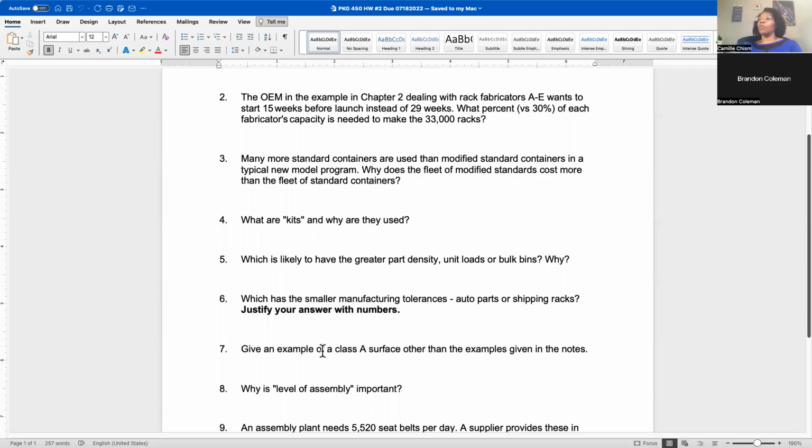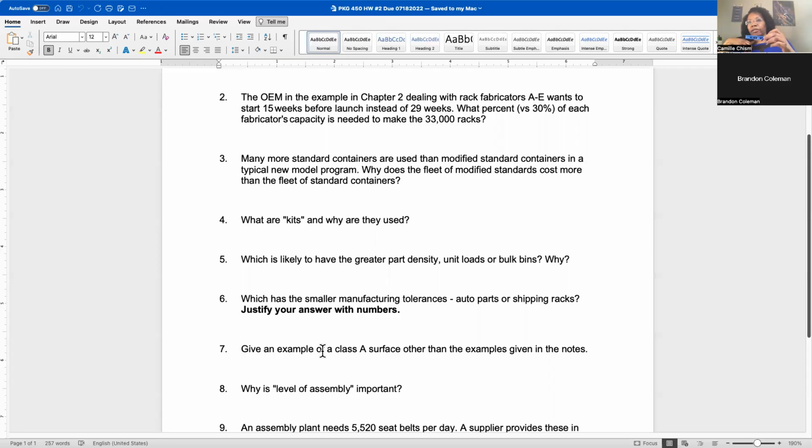Okay, so when you look at the packaging, what's likely to have the greater density, unit loads or bulk bins? Remember, this is a bulk bin, but the unit load is going to be a pallet with trays or small bins on it, parked inside of those bins on a pallet.